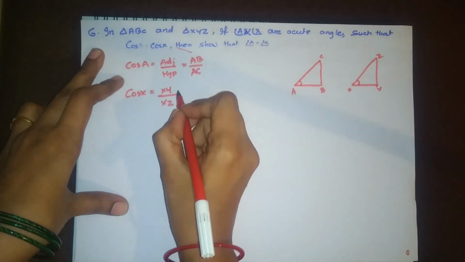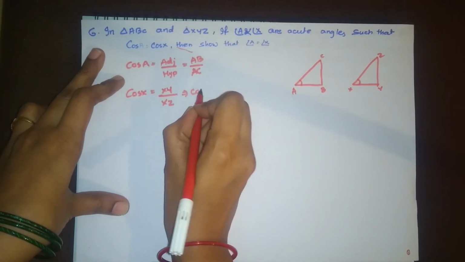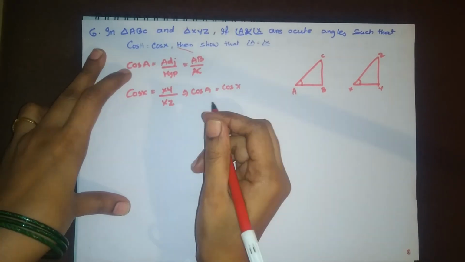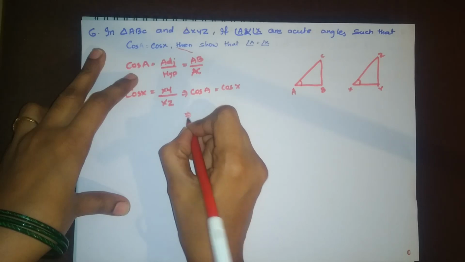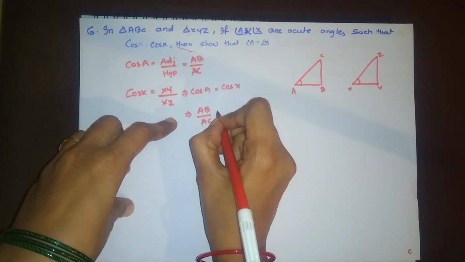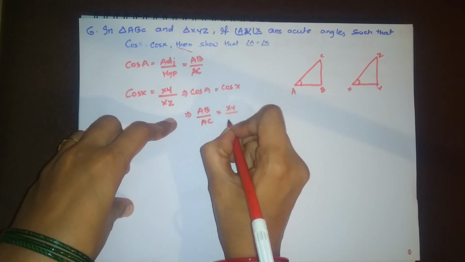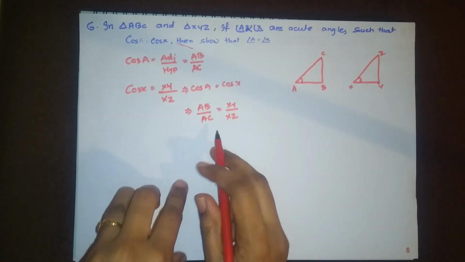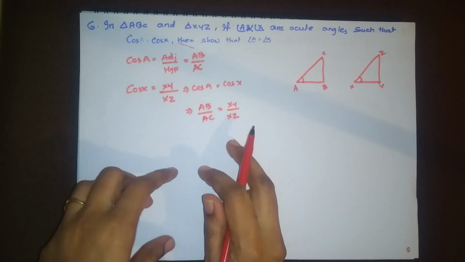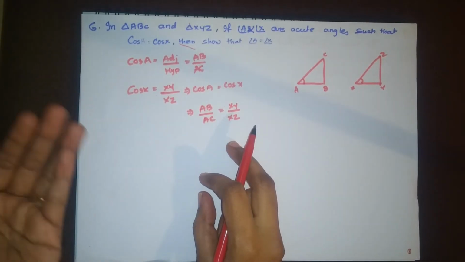Now it is given that cos A is equal to cos X, which implies AB by AC is equal to XY by XZ. Here we know the relationship between the adjacent sides and the hypotenuse sides. So here we need to consider the opposite side.